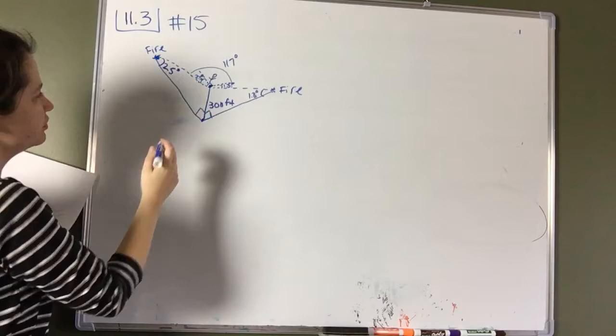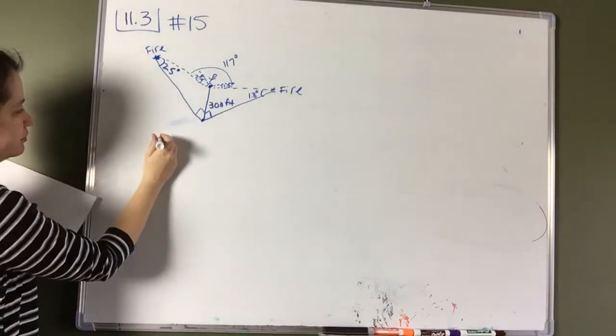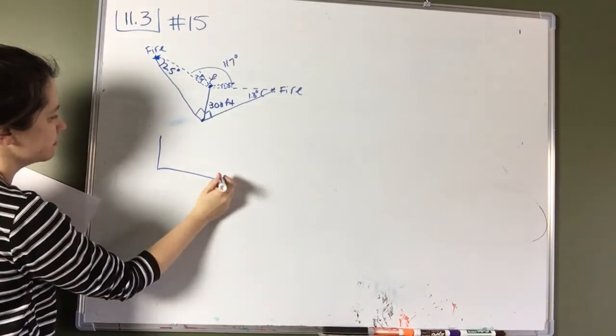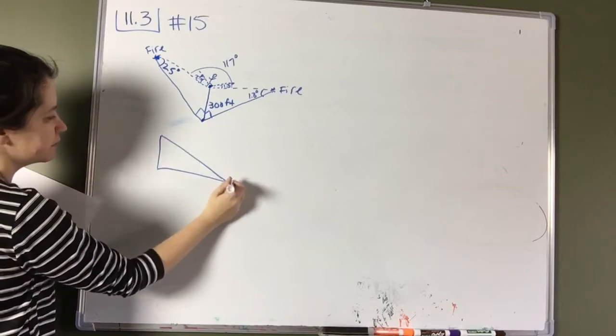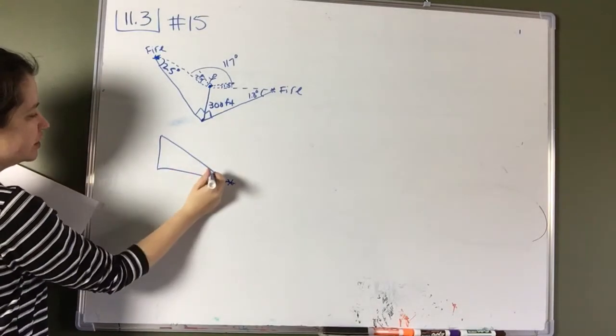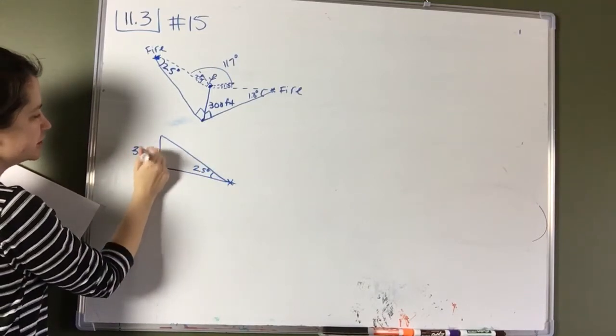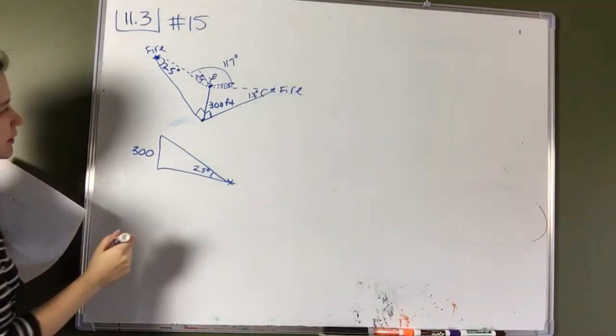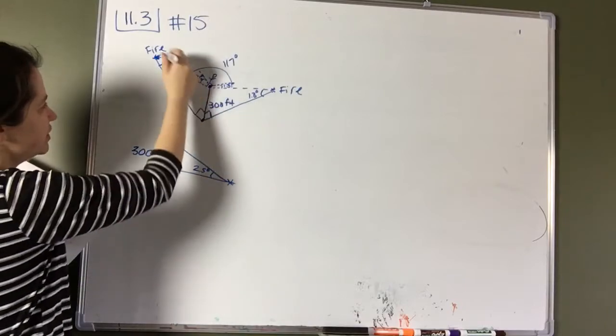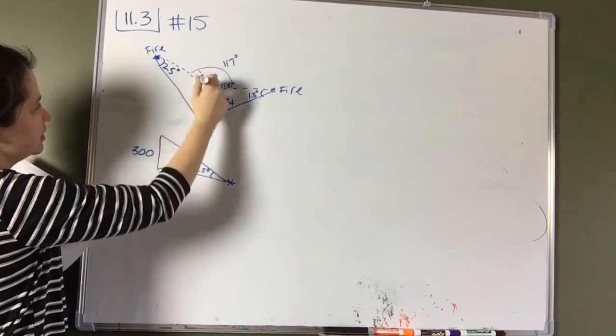All right, so I'm going to pull these right triangles out of the problem. So there's one fire. I'll make this the one that's 2.5 degrees. This is 300, right? What we would like to know actually is the hypotenuse here.